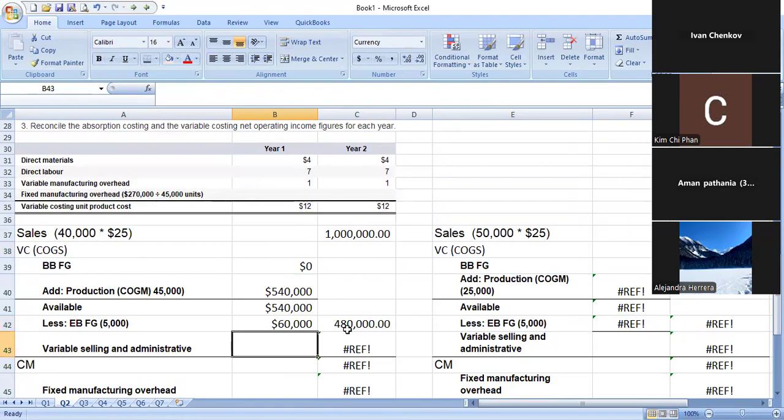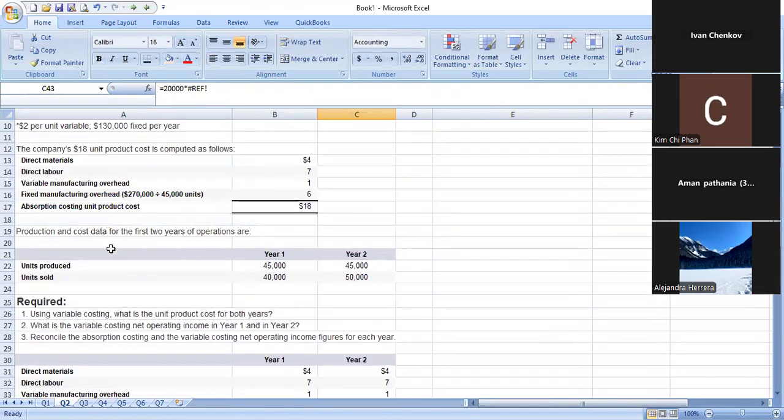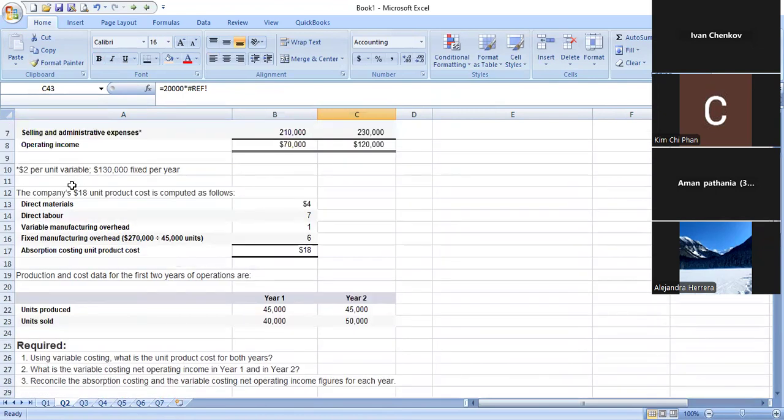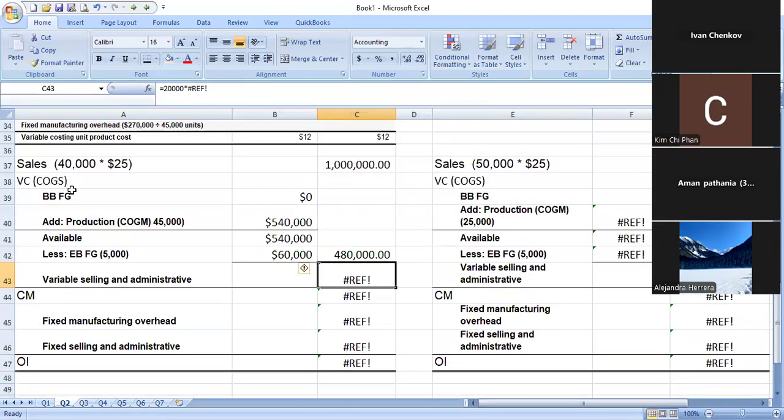We're going to get selling administrative expenses. The variable portion was $2 per unit, so 40,000 times $2.